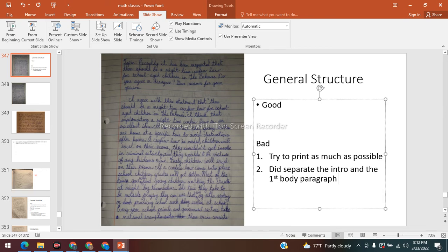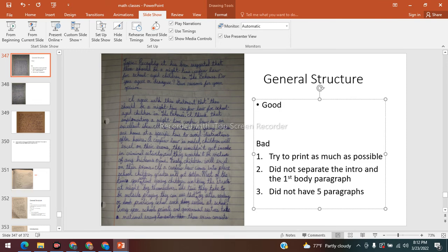They didn't separate the intro and the first body paragraph, which is a problem. You need to separate them. That's a fact. That's why they did not have five paragraphs, because they failed to separate that. For BGCSE people, you can't make that mistake now. Make sure you have them separated.